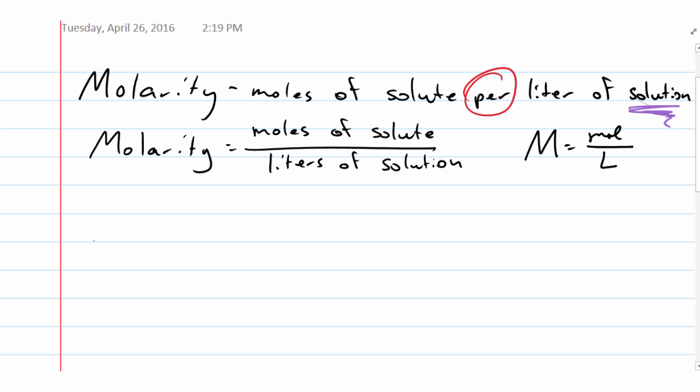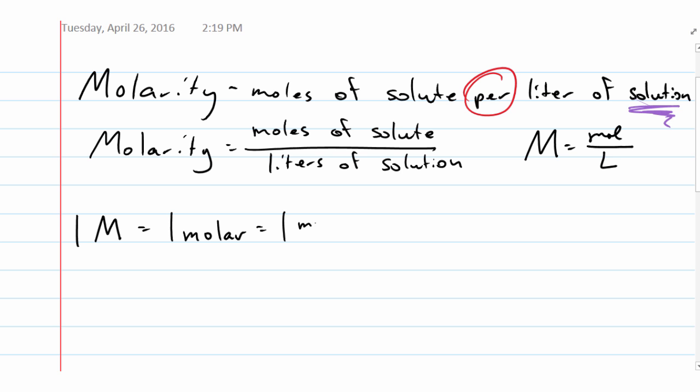And then when we encounter it, if we want to read what it stands for, if we see 1 M, and you've seen this when you've gone in and done your lab activities and seen chemicals that have been prepared for you, we state this as being a 1 molar solution.